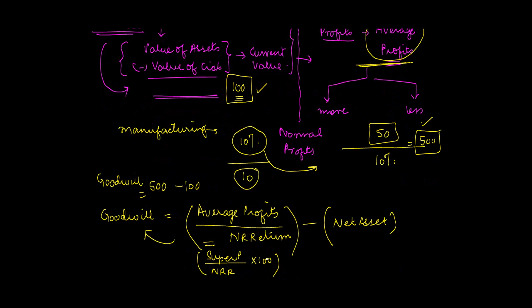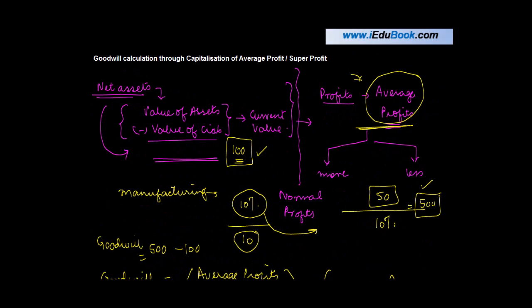Again, here also you can multiply this by 100. Right? And this gives you the value of goodwill. In this case, you do not need to reduce any kind of net assets, because what you are capitalizing is actually the excess profit that you are earning, right? So we'll take up some questions on this aspect in the videos to come.